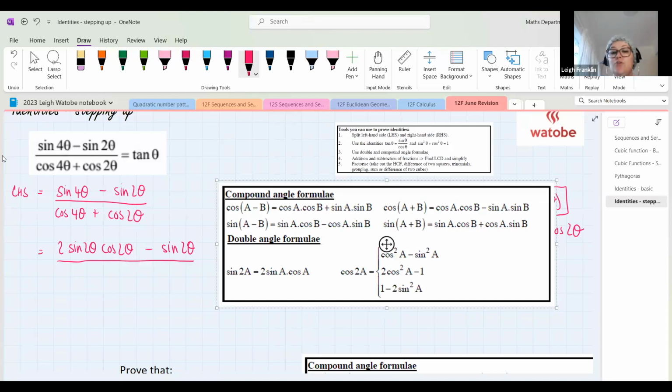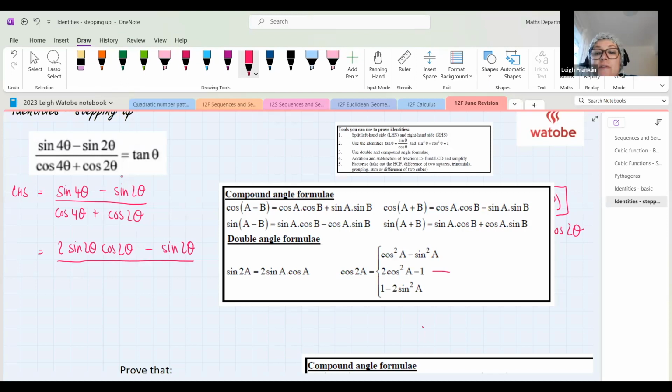When it comes to cos 2 theta, there are 3 different ways in which we can write this particular double angle. Because cos 2A, or in this case, cos 4A, is combined with cos 2 theta, the best thing for us to do is not introduce sine theta because that's just going to make it more complicated.